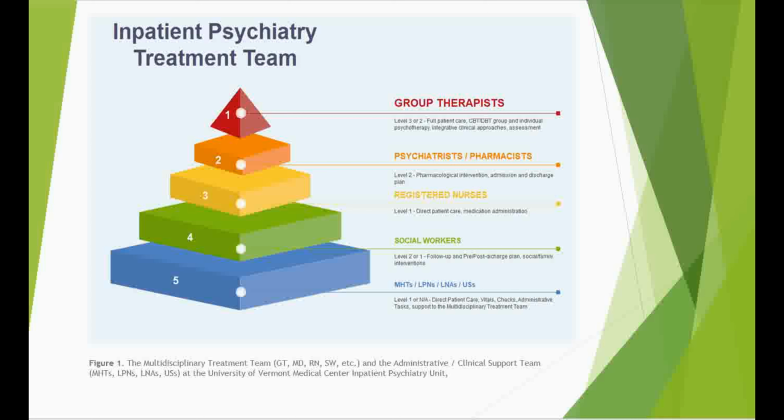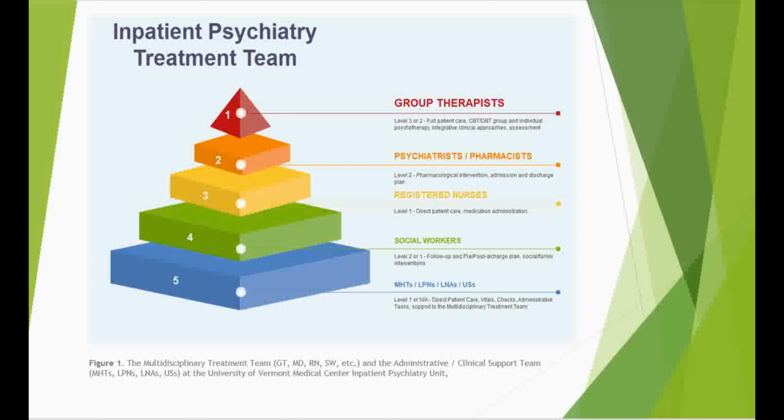Here, CBT and DBT group indicates cognitive behavioral therapy and dialectical behavioral therapy, respectively, as well as individual psychotherapy. So the group therapists are really the only professional figures here that interact both in a single patient-based way as well as in the context of a group. Okay, and they also involve integrated clinical approaches and clinical assessments for every patient.